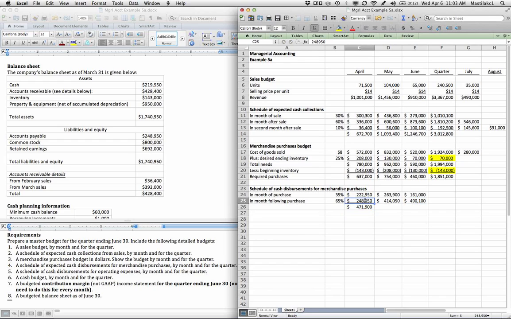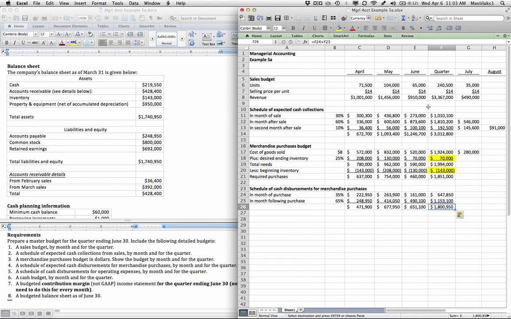And we can simply add those two up to determine how much cash we're going to pay our suppliers for inventory purchases in each month. For the quarter, because we don't have any beginning or ending balances to worry about, we can simply add things up. And we can figure out how much we're going to pay in the quarter.